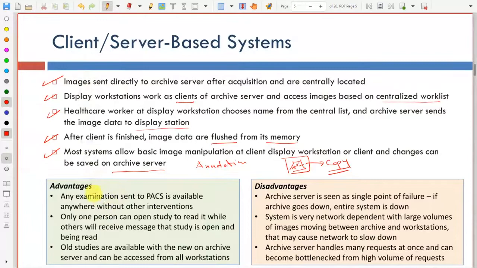The advantage of a system like this is that any examination sent to PACS is available anywhere without other interventions. Basically, any workstation can access any study, which is very convenient. So your workstations are utilized almost uniformly.